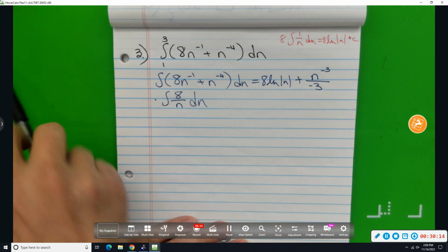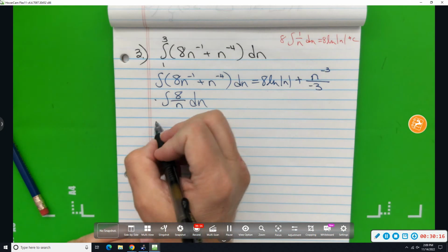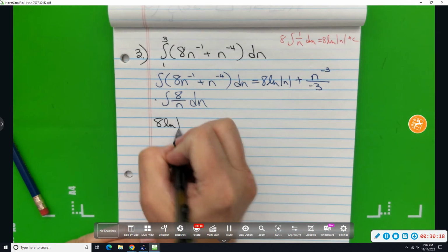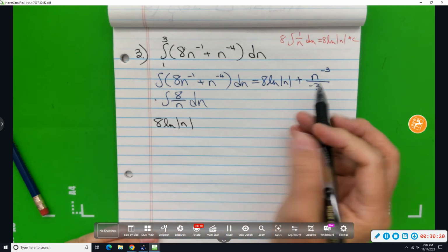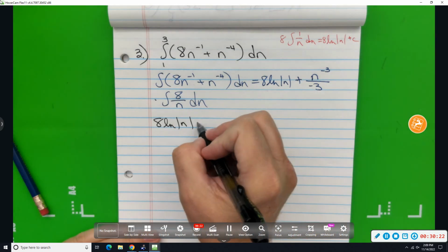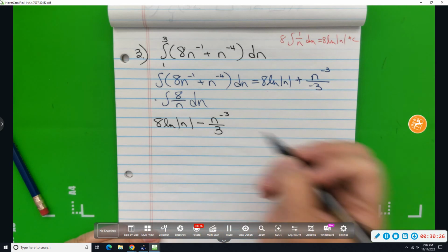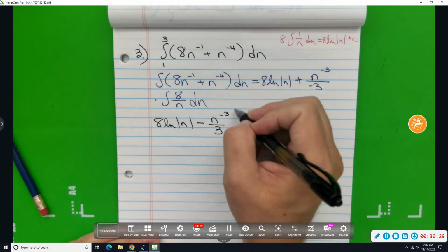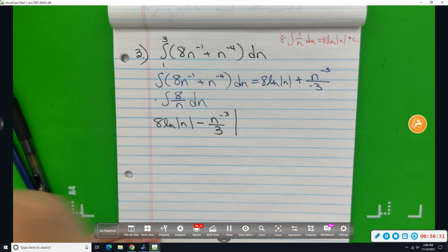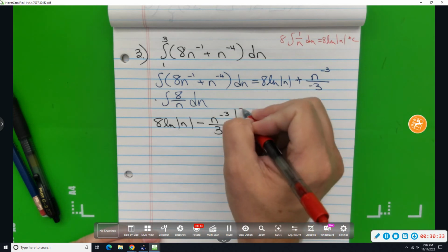So now we have to evaluate. We have 8 ln absolute value of n plus a negative, I'm going to write that as a minus, n to the negative 3 over 3. We're evaluating from 1 to 3.